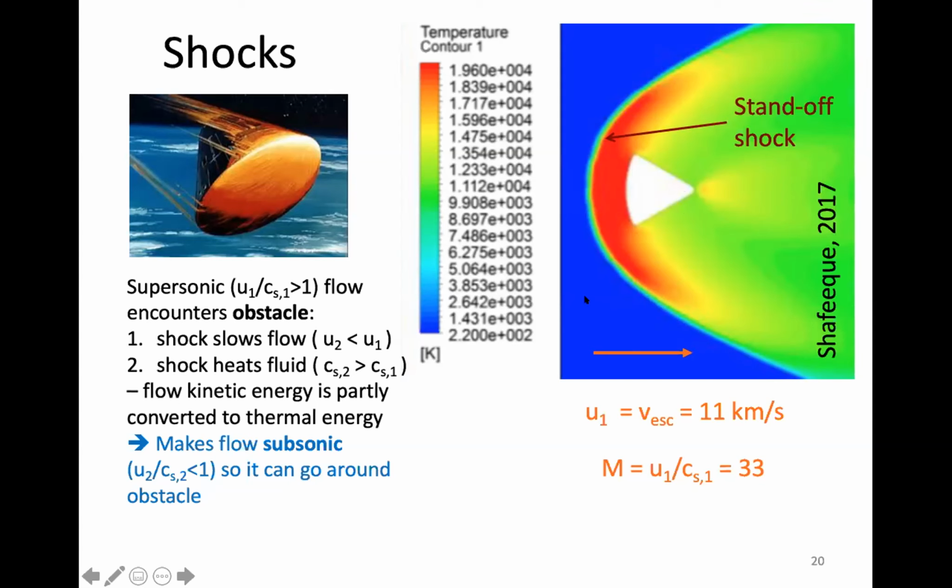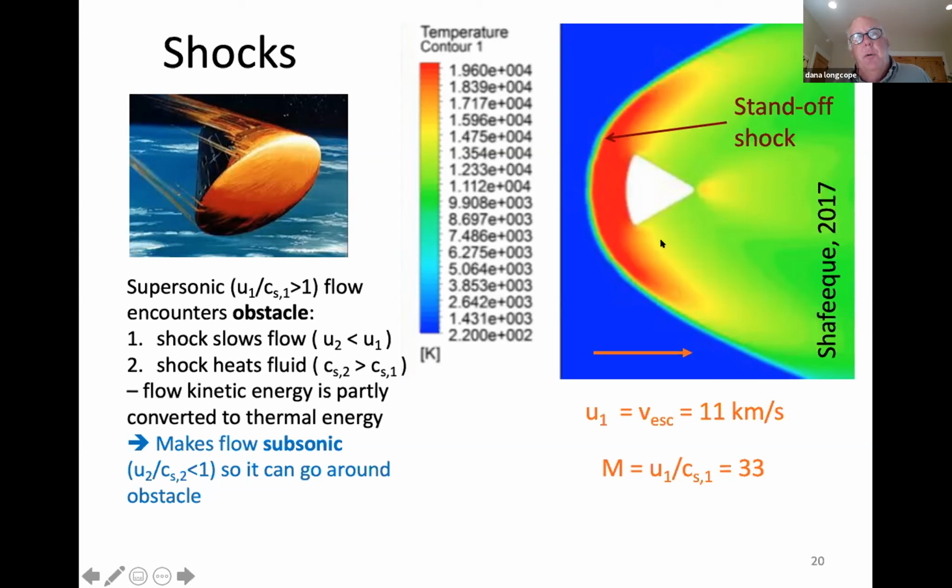And so the blue is a nice 200 Kelvin, that's a little chilly, but you can see this shock, and it's just this wonderful parabolic, or actually hyperbolic shape. And the temperature goes up to 20,000 Kelvin. Is that right? Am I doing that right? Yeah, very hot.